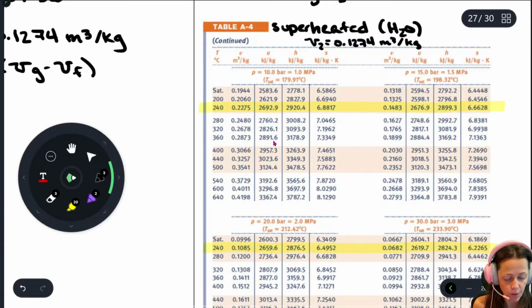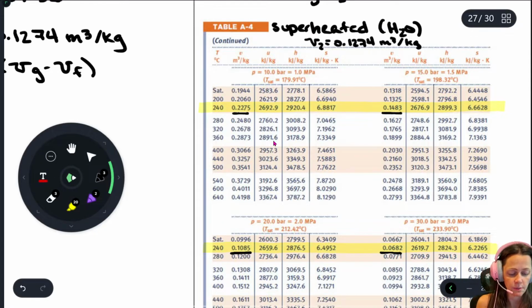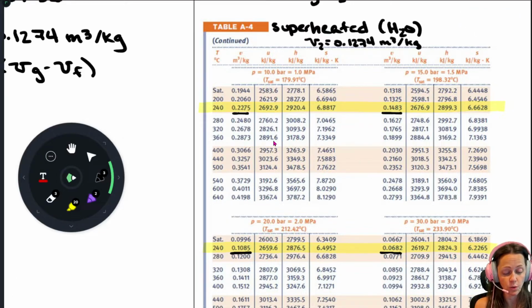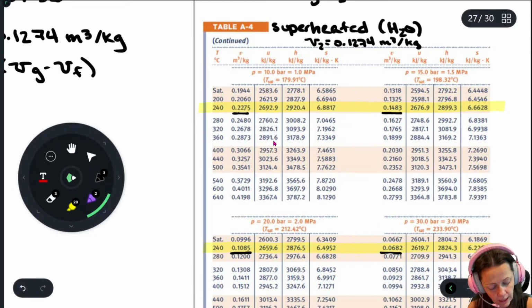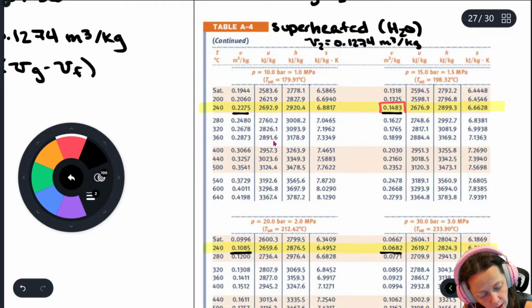So I'm going to be looking at these specific volume values, and I'm going to try to find some values that are around 0.1274. So it looks like I've got a value right above 0.1274 and right below 0.1274.